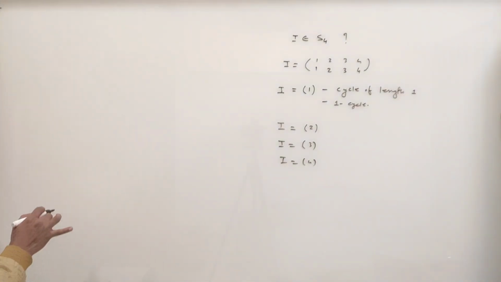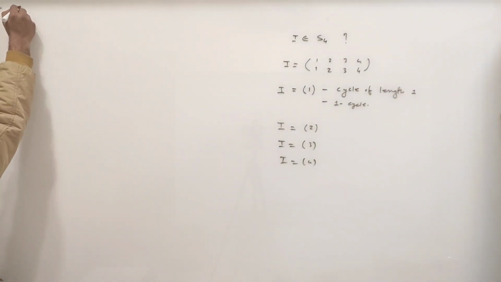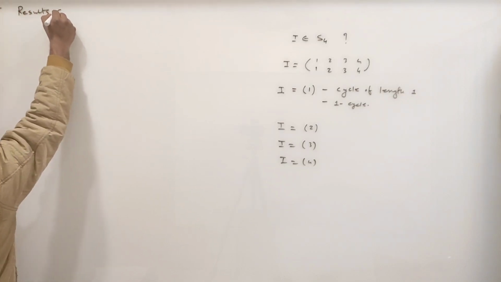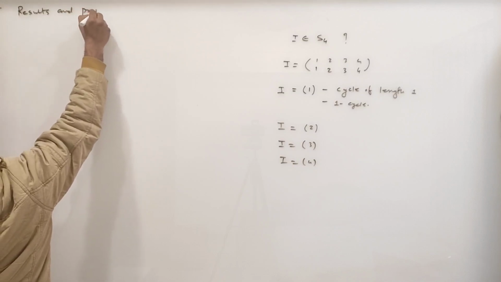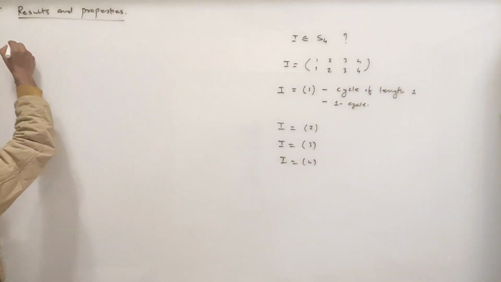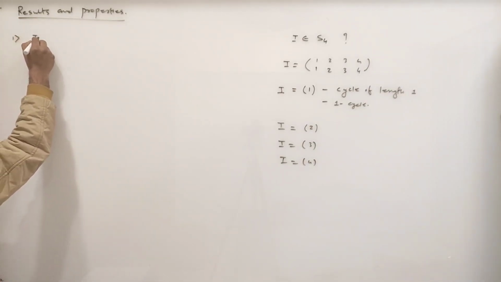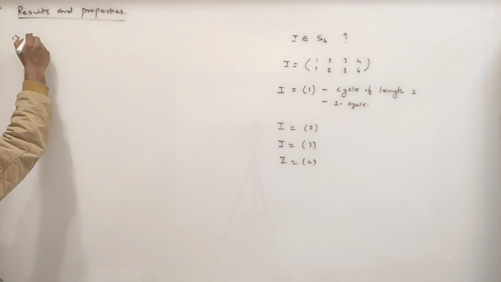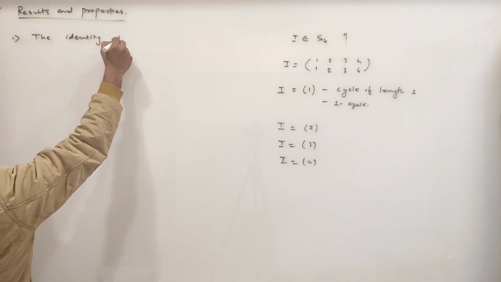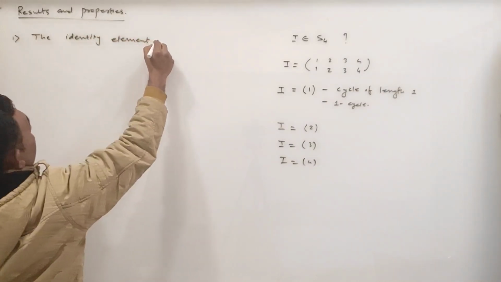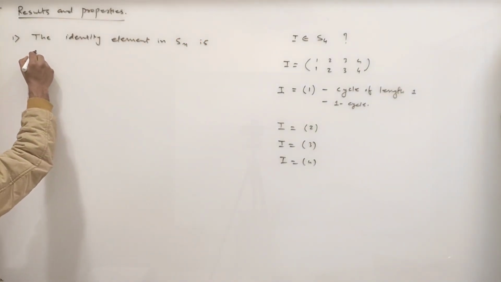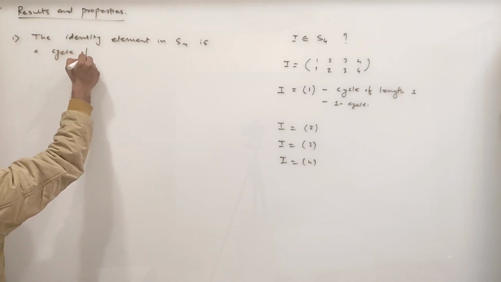So let us write some results and properties. So first one: the identity element in Sn is a cycle of length 1.